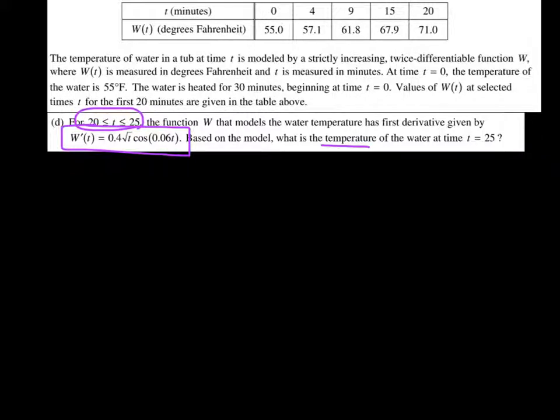So hopefully you know that if you have to go backwards from a rate to get a quantity, I would do the integral from 20 to 25 of the rate. Now I want to stop for a second and talk about what specifically this is giving us. If you're doing the integral of a rate, think about that as the total change.